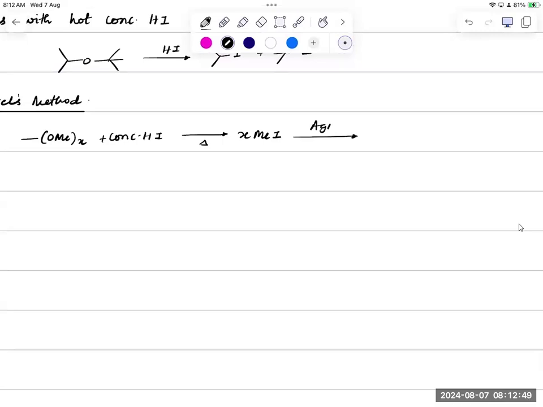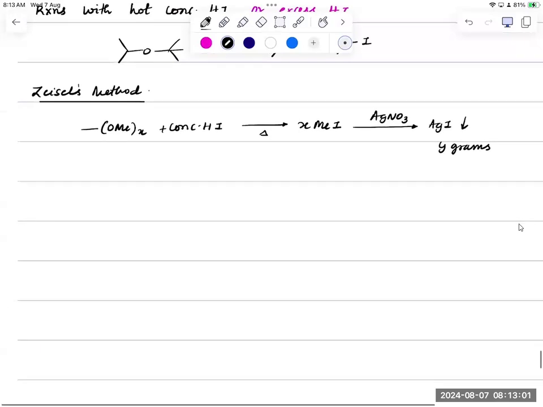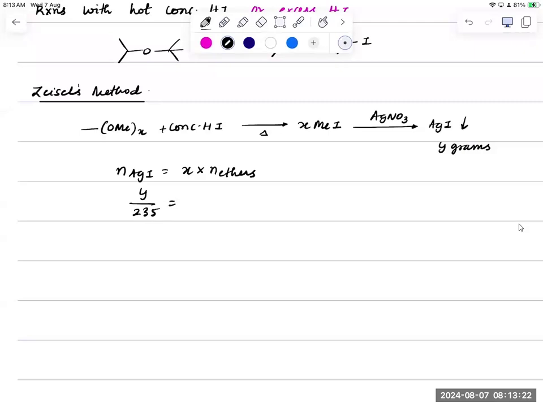And then when you treat with AgNO3, it should form AgI precipitate of Y grams. Then the number of moles of AgI will be equal to X into number of moles of ether. Number of moles of AgI will be equal to Y divided by 235, where 235 is the molar mass of AgI.